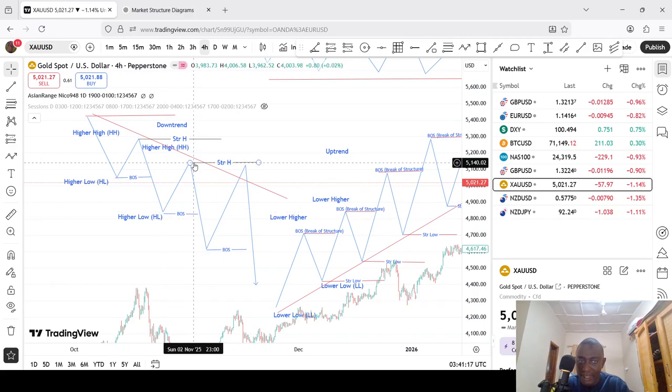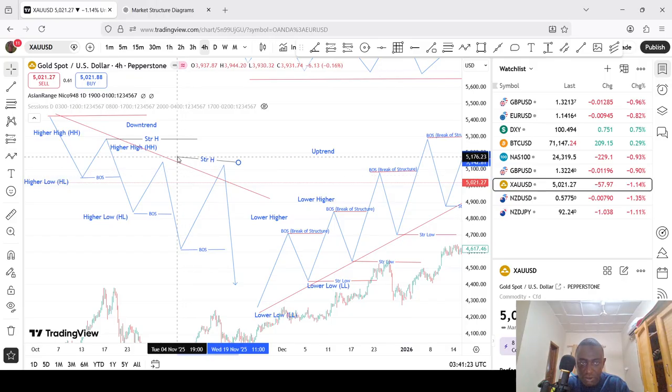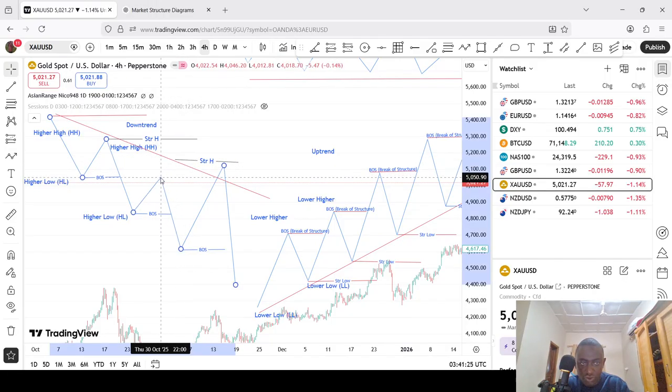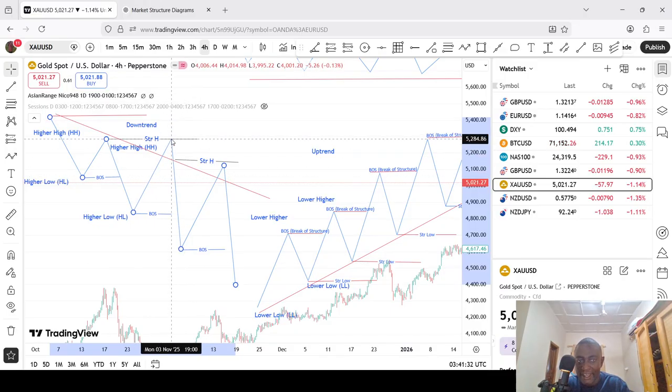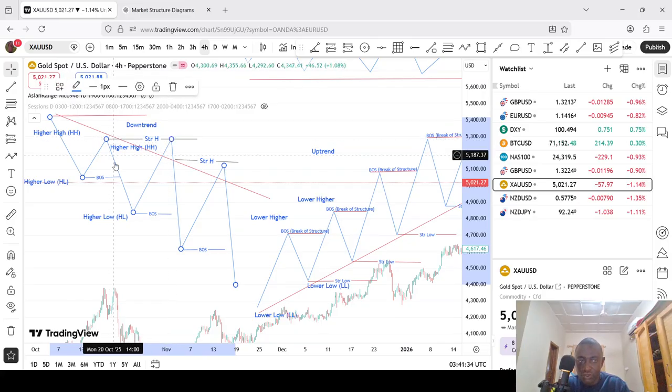Price will go back at least to this zone around where it broke the structure, maybe at least to this zone, and it continues the trend, or possibly to the last strong high, you know, where it used to break this particular structure. So it has to respect it.